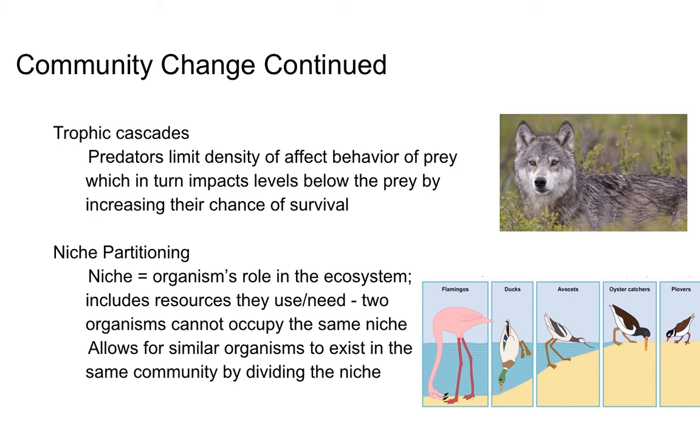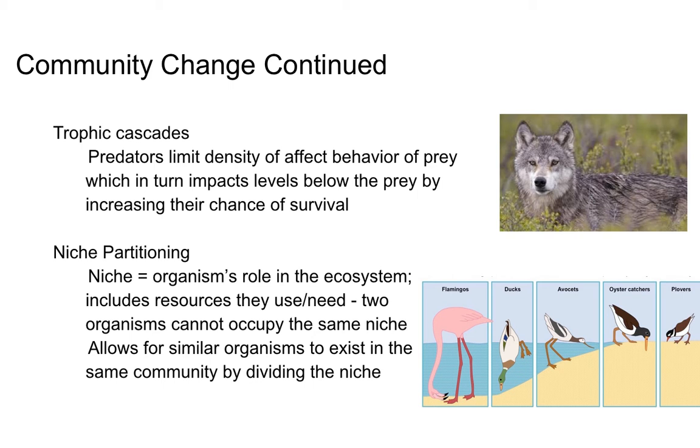They will always adjust or move around so that they are pulling on different resources, because your area, your ecosystem cannot sustain lots and lots of individuals all eating or drinking or living at exactly the same level. So what this does is it allows for similar organisms to still exist in the same community, but they divide the niche. So I use the top part, you use the bottom part. That way everyone's happy.